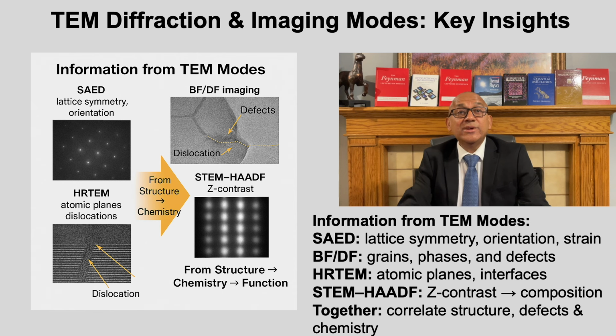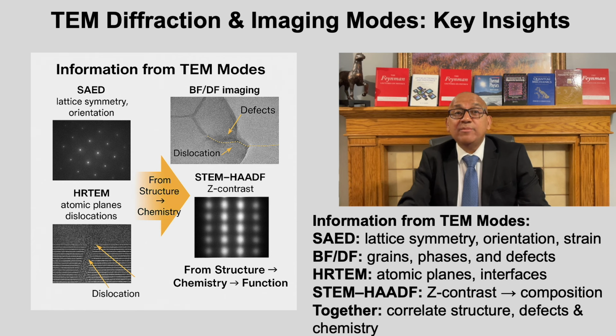It allows us to measure interplanar spacings, visualize interfaces or stacking faults, and even perform Fourier analysis to quantify strain at the atomic scale. In scanning TEM, STEM, the high-angle annular dark field, HAADF, detector captures Z-contrast images where heavier elements appear brighter.